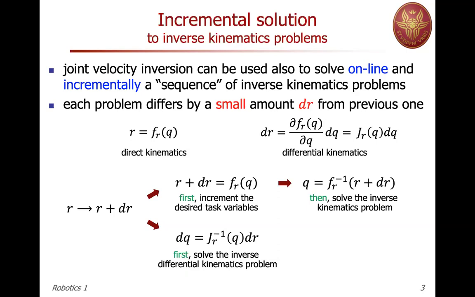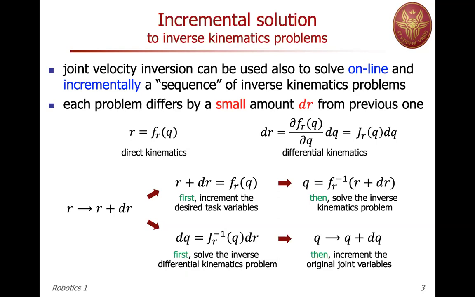So we invert the Jacobian, we multiply by dr, and we have an increment dq. Now, from the current configuration, we were in q, and in fact we inverted the Jacobian in q. We give an increment, so a new position q plus delta q that we computed, and we say to the local controller, go to this position. Or just make this increment at the velocity level for a small amount of time.